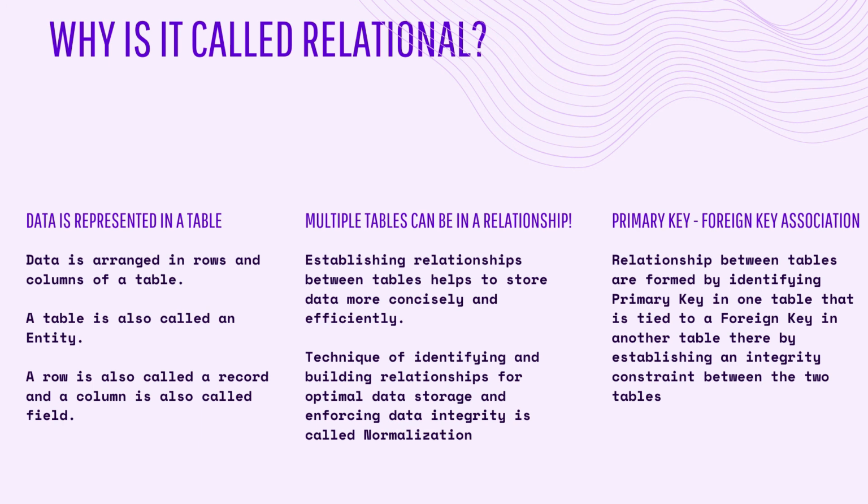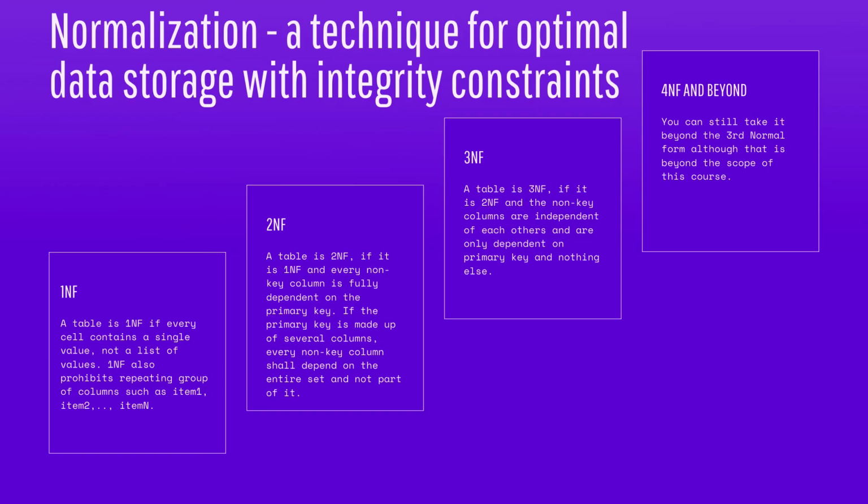So, a primary key in one table is tied to a foreign key in another table, thereby establishing an integrity constraint between the two tables. When you apply the techniques of normalization, your first goal is to bring it to the first normal form.